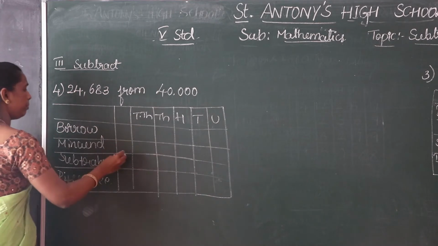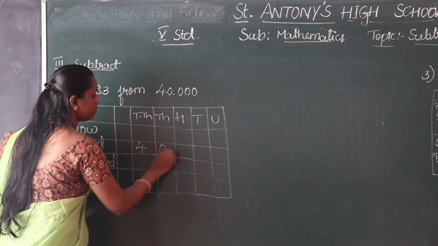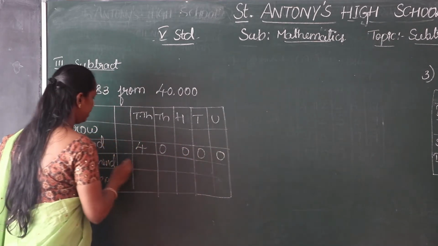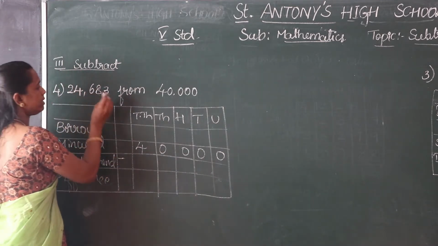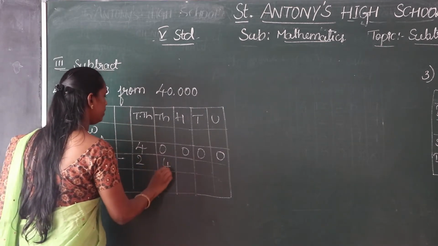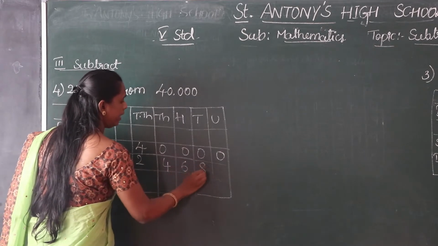Write 40,000 in the minuend place, minus 24,683.